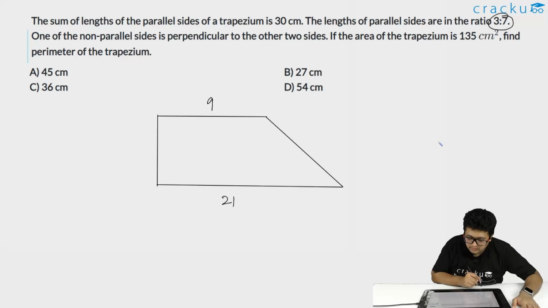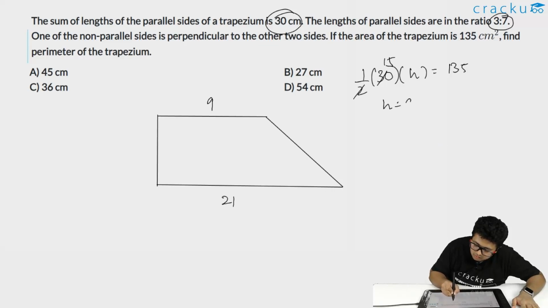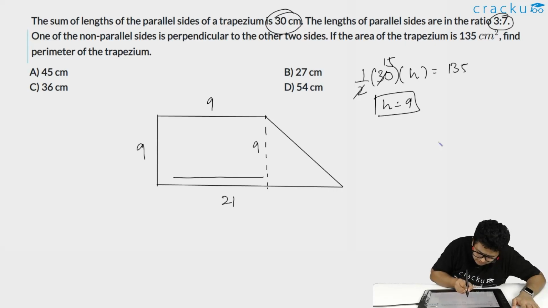Right? And the sum of parallel sides is already given as 30. So half into the sum of parallel sides into the height is equal to 135. So we know that h is equal to 9. So this will be 9. Since this is given as 9, this will be 12.